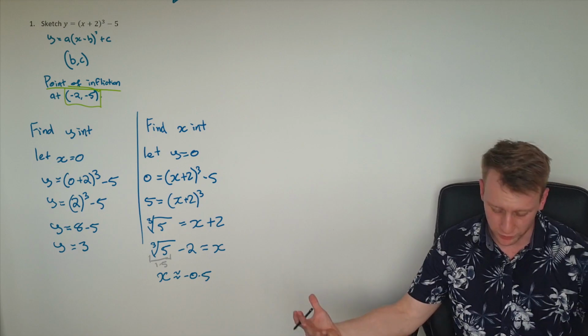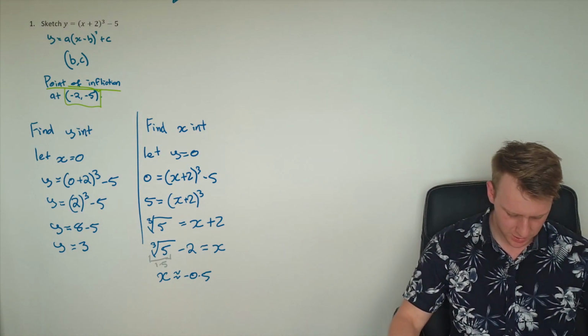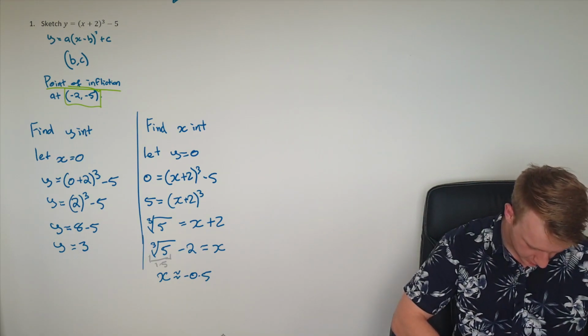The cube root of 8 is 2, and the cube root of 1 is 1, so you're finding middle ground there. Not exactly, it's just an estimate.